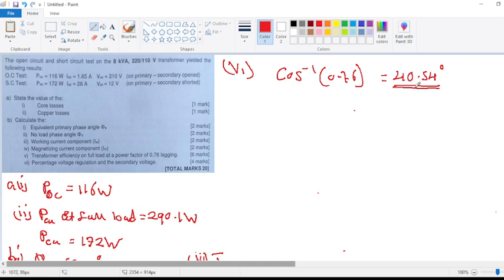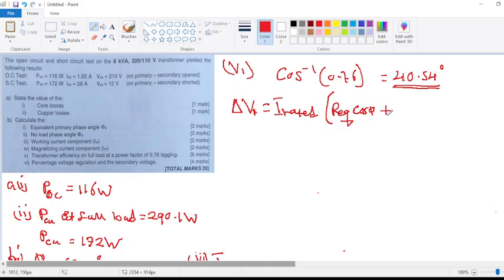Now since you've calculated the angle, the voltage drop on the primary side has to be known as well. This one is the primary and the twos represent the secondary. So the voltage drop on the primary side is equal to the rated current times the equivalent resistance multiplied by the cos of that angle, plus.